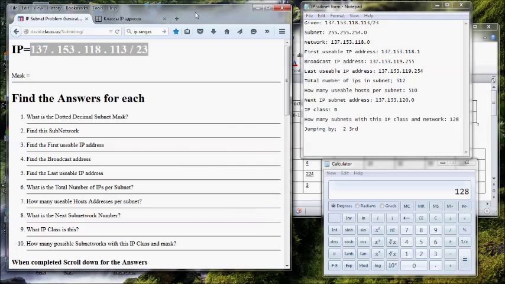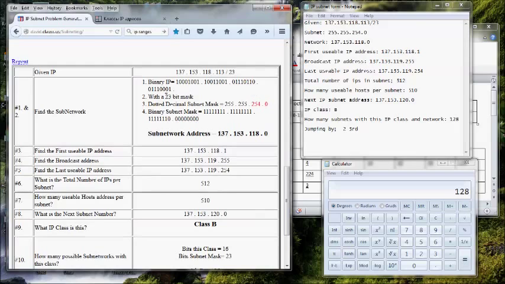So let's scroll down here and see what we've got. Let's start with the subnet mask, which is 255.255.254.0. The network address, the subnetwork address, is 137.153.118.0. First usable is .1.